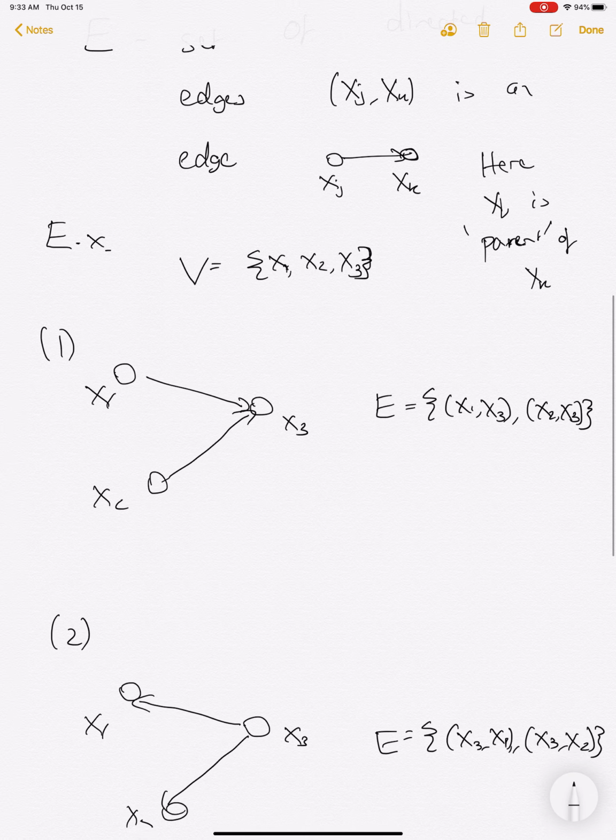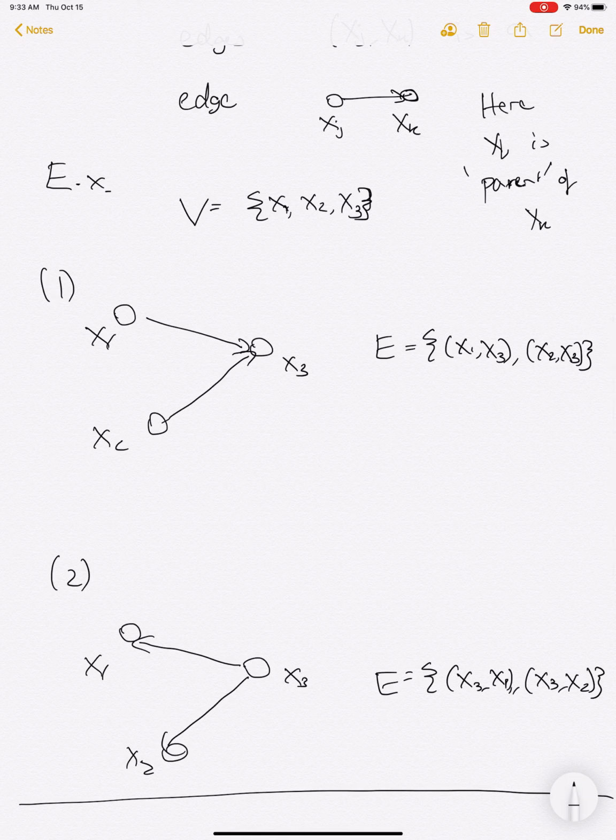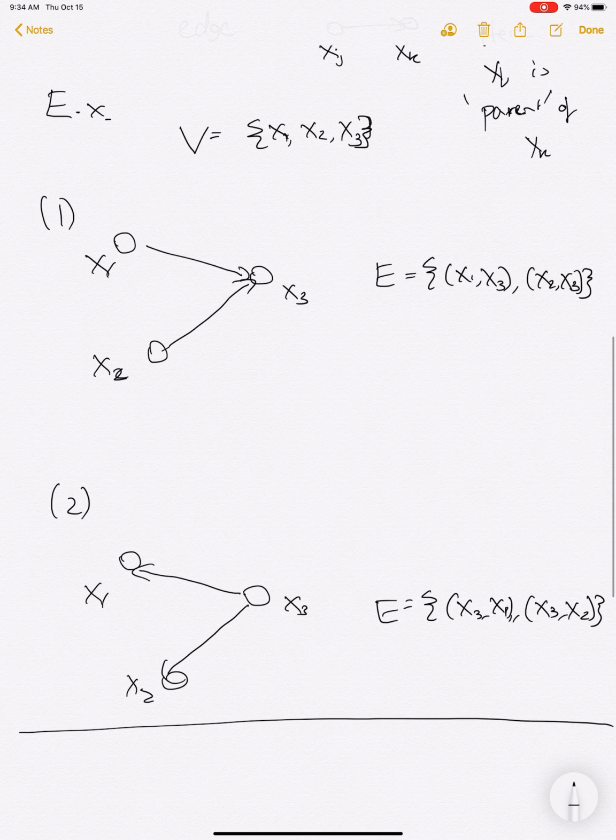Okay, so we encountered two examples involving three nodes in the previous lecture. In the first one we have the three random variables x1, x2, x3. These are the vertices, and the edges are x1 to x3, and x2 to x3. This was referred to as that paradox where x1 is independent of x2, but if you condition on x3, then x1 and x2 are dependent.